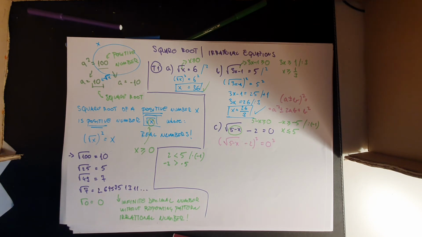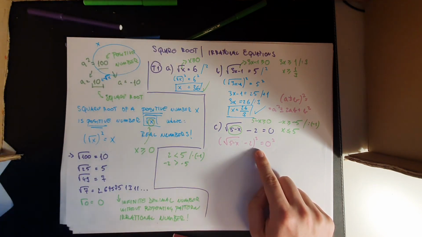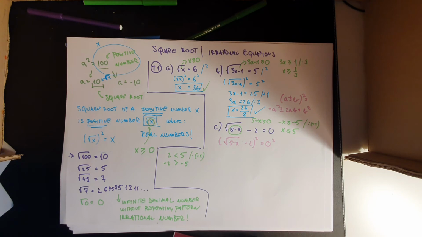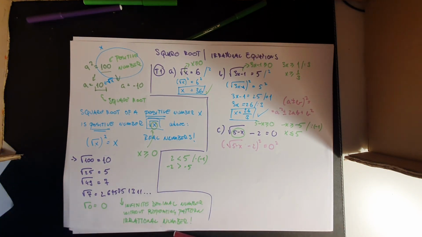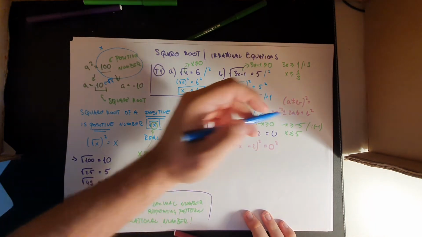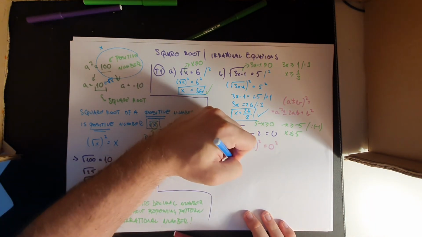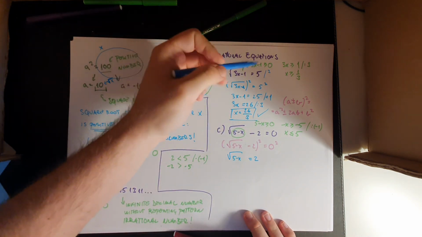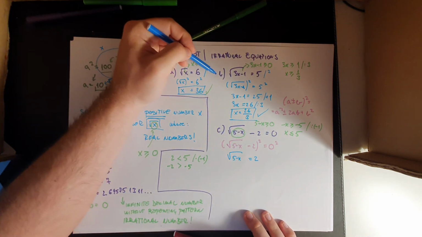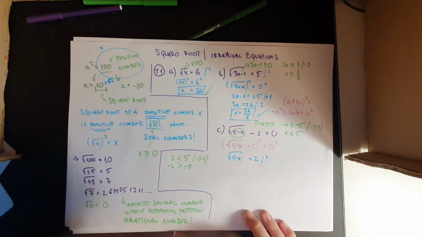Okay, so let's continue on. Let's go back to the solving part itself. Minus 2 has to get on the other side. So the square root of 5 minus x is equal to 2. Now we've got a situation similar to task B. Square this.